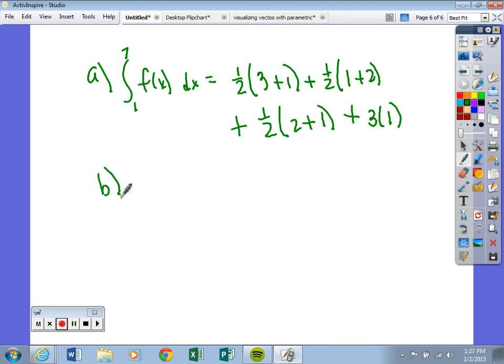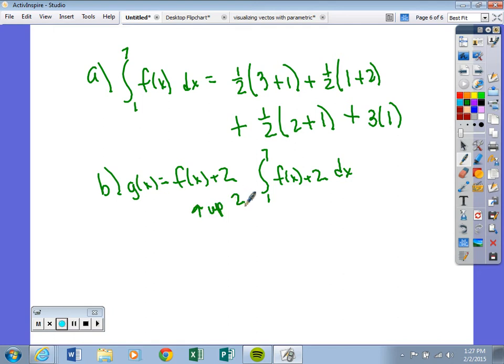Part B, given a new function, g of x equals this thing above plus 2, it wants to know the same thing except with g of x here. So it's asking for this. I would do this graphically because when you add 2 at the back of a function, you may remember from pre-cal, that's just a transformation.